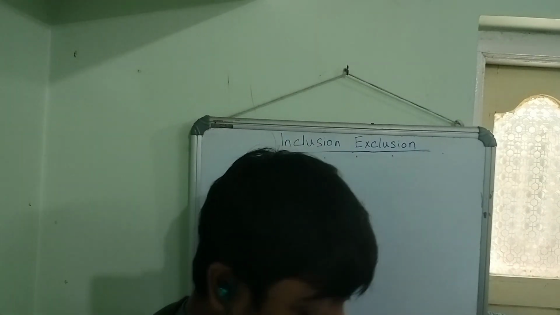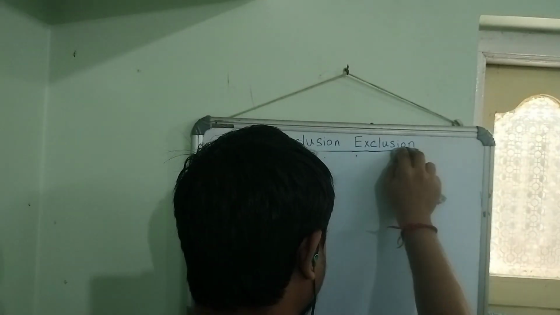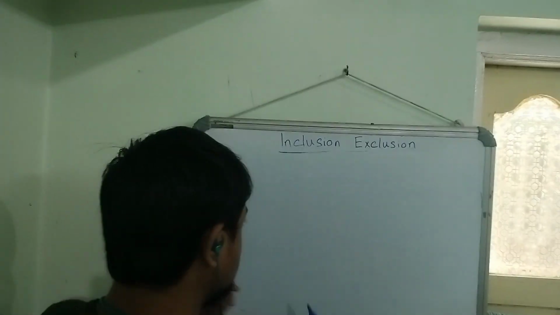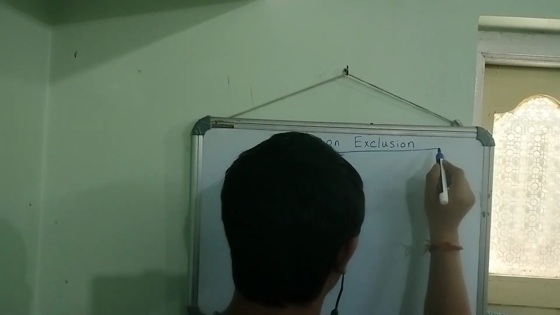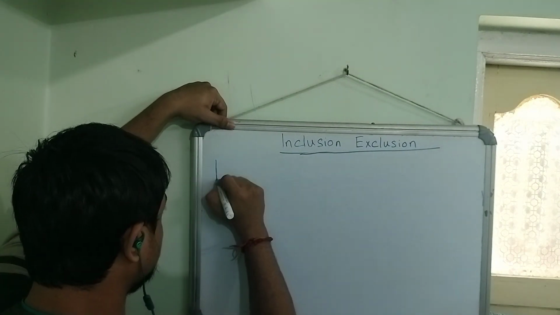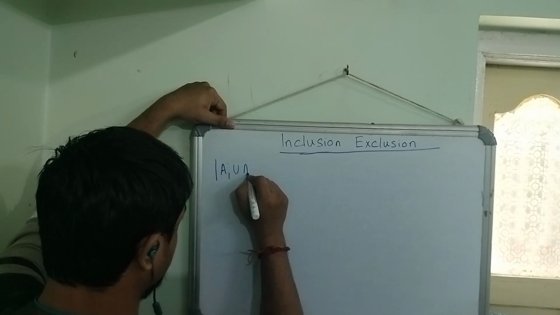The thing is, how can I ensure that in this pattern each and every element is counted exactly once? How can I ensure that? I mean, this is the generalized version of the inclusion exclusion principle.